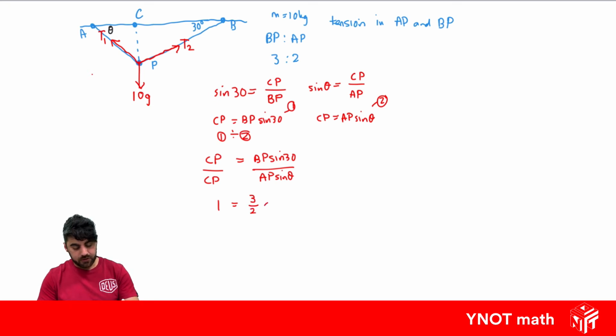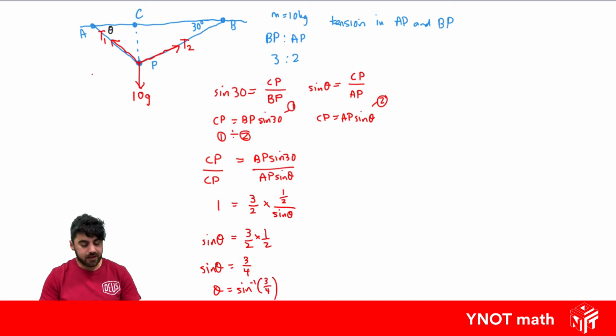We know sine 30 is a half, and it's over sine theta. So let's multiply both sides by sine theta. We have sine theta equals 3 on 2 times a half. So we know sine theta equals 3 on 4, which means theta has to be the inverse sine of 3 over 4, which we can leave like that.